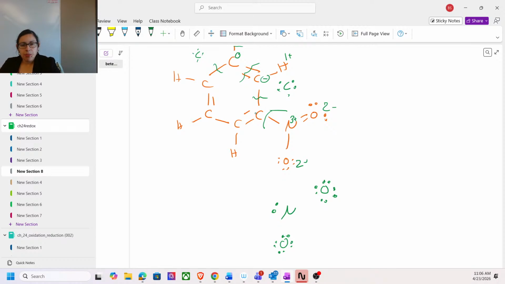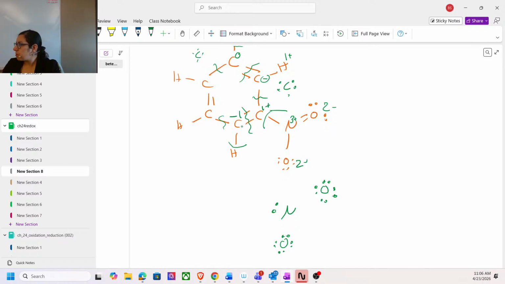Then we're at this carbon, but remember it lost out on these two, so now it just has 1, 2, 3. So 4 minus 3 gives us plus 1. Now we're at this carbon, so it takes all the hydrogen ones but splits those. So we have 1, 2, 3, 4, 5. So 4 minus 5.